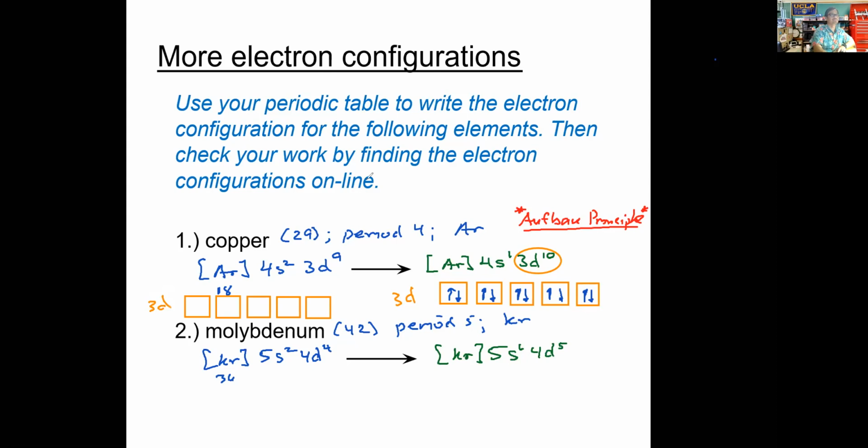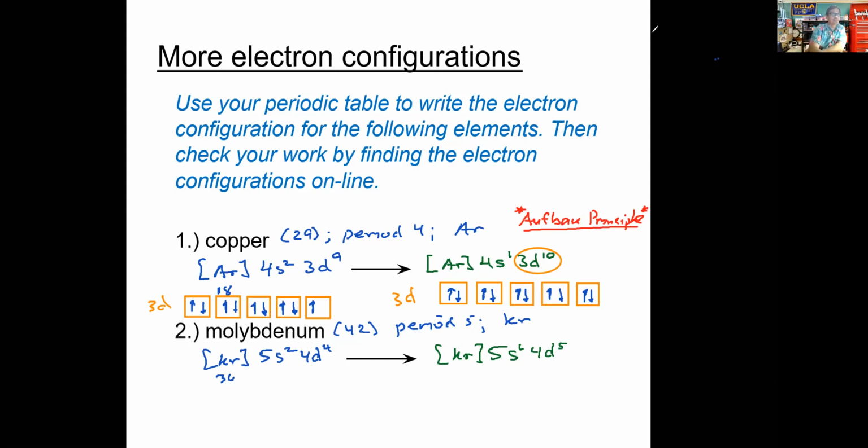We're going to fill it in. So we have 1, 2, 3, 4, 5, 6, 7, 8, and 9. Okay. So this is how it would look if the electrons filled the way that we expected them to fill. This is how they actually fill.